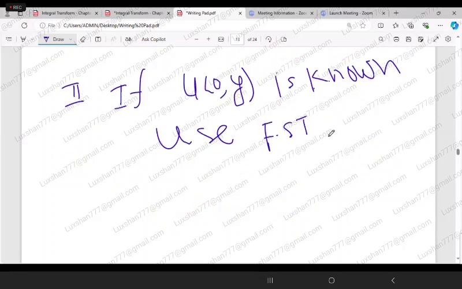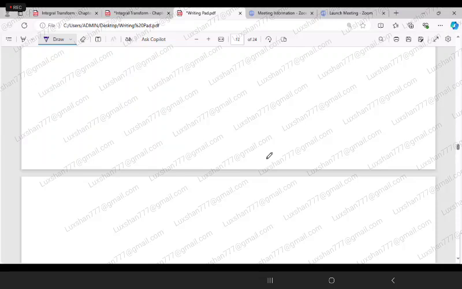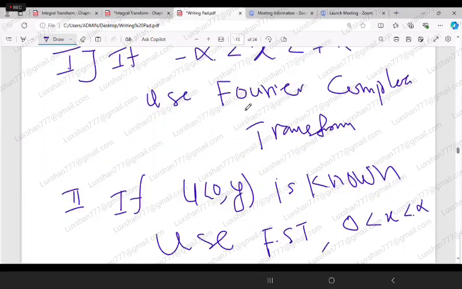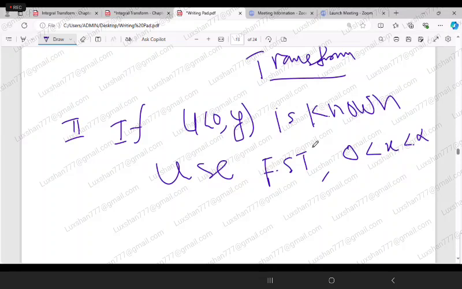And here the range is x less than infinity. If it is minus infinity to plus infinity, you have to use the Fourier complex transform. The range is 0 to infinity, and if you know u(0, y), then use Fourier sine transform.